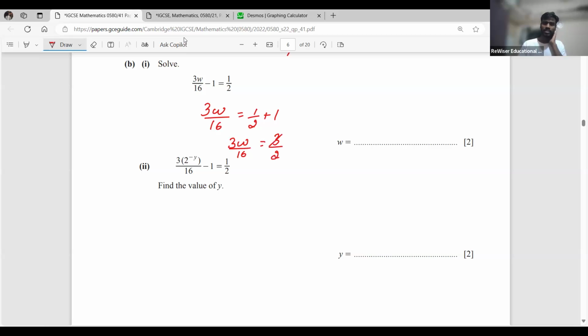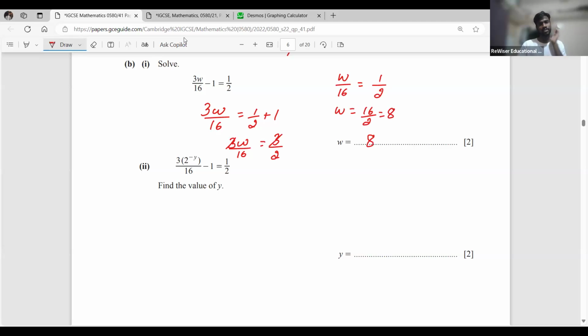So both sides 3 and 3 will get cancelled out. So we will have W over 16 is equal to 1 over 2. When 16 goes to the other side, W equals 1 times 16 by 2, which is just 8. And this is the answer.